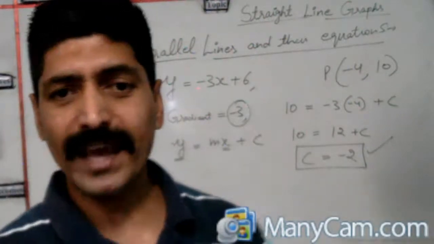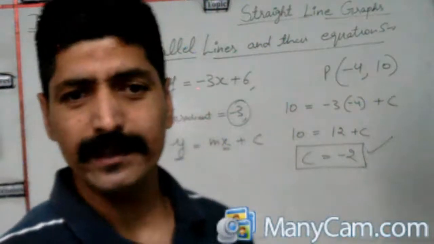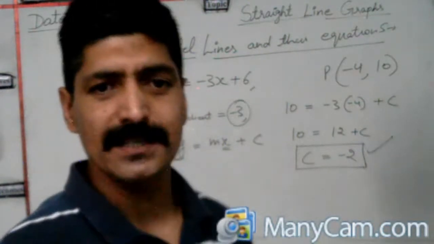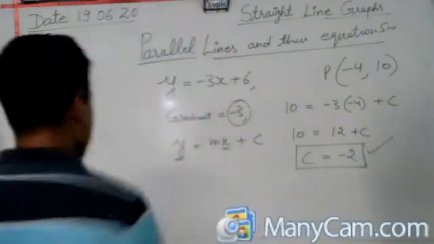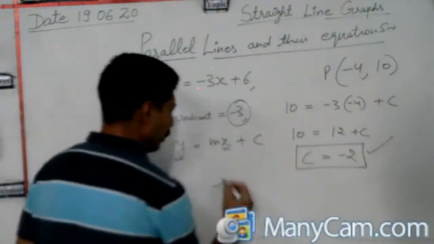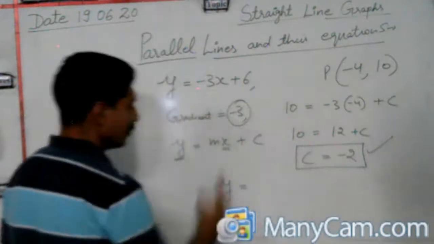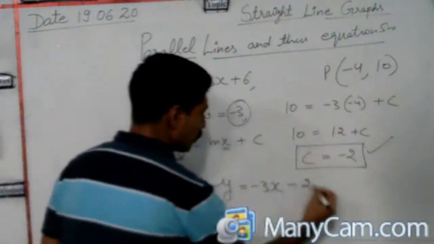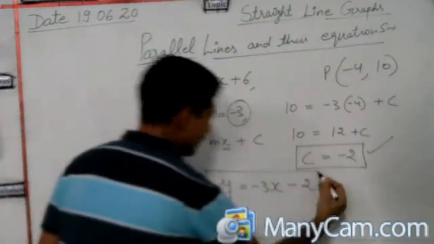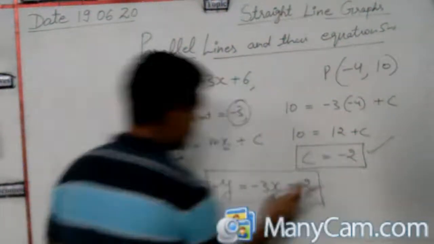Now we have the slope already, we have the y-intercept, so we can write the equation of the line, that is y = -3x - 2. So this is the line which is parallel to this line.